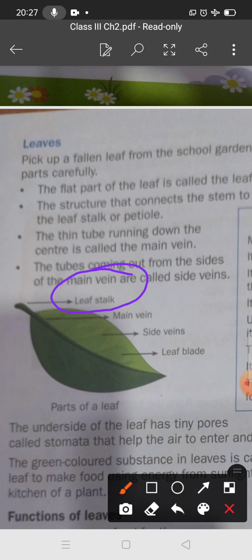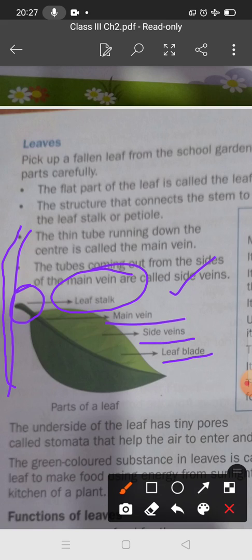If you go, there is a stem also. So this is the stalk that connects the leaves to the stem. That is called the leaf stalk. So in this video we have discussed the leaf blade, broad part, side veins, main vein and leaf stalk. So I hope you understand. You should read this structure of the leaf very carefully.